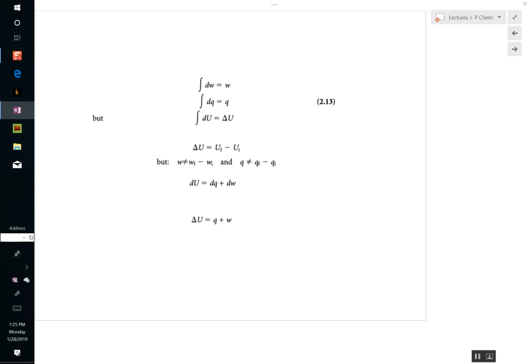So dU equals dq plus dw, delta U equals q plus w. The author is making a point of using capitals for state functions and lower case for path-dependent functions. But I see pressure with a little p a lot in there too, so I don't think he does that all the time.